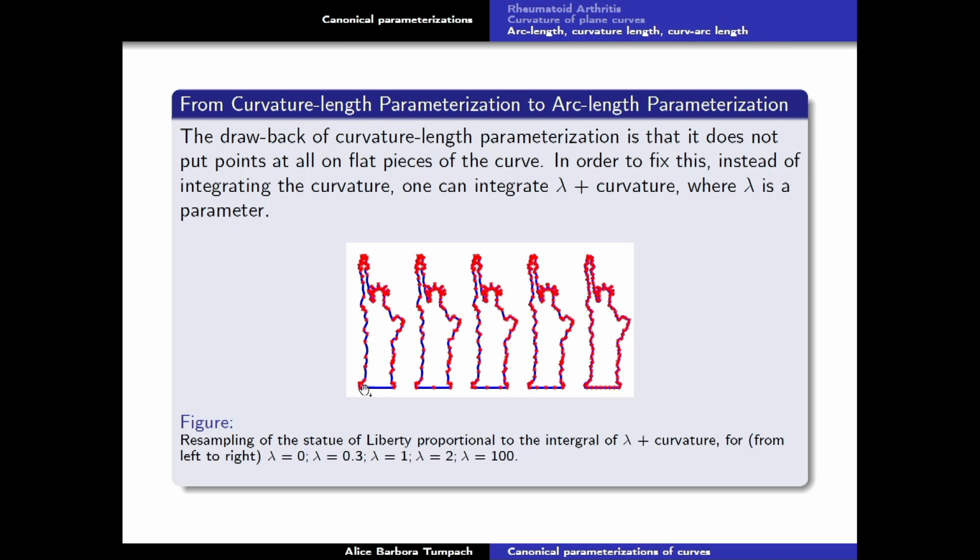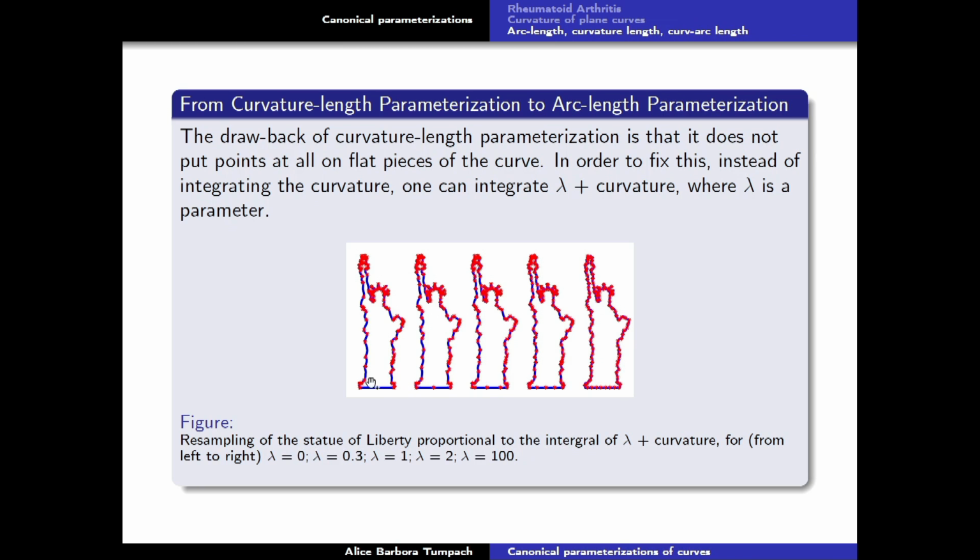And also you cannot reconstruct the curve only with the information of the curvature. You also need to know how long these flat segments are. So that's why I proposed another parameterization, which is curve arc length, which is exactly a mixture between arc length and curvature length.